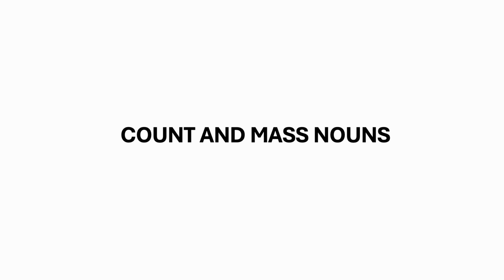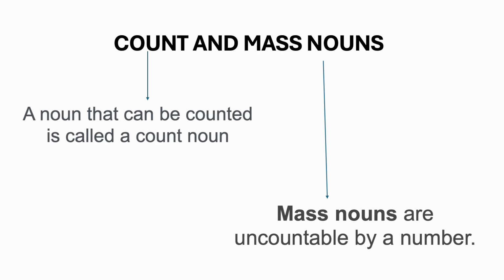Moving forward, we also have what we call count and mass nouns. So when we say count nouns, these are nouns that can be counted. You can count them. You can count on me like 1, 2, 3. I'm just joking.